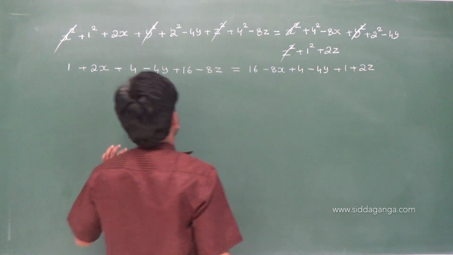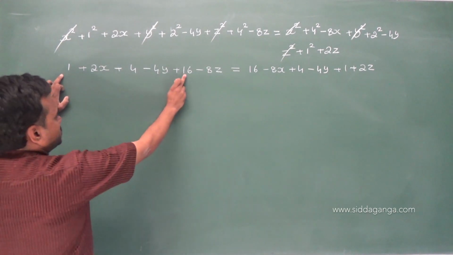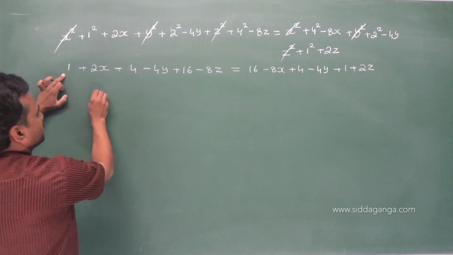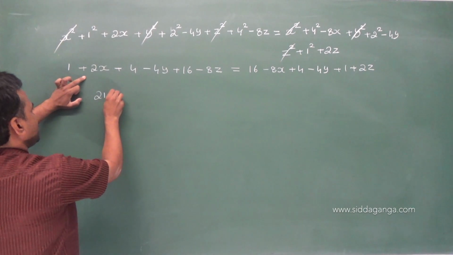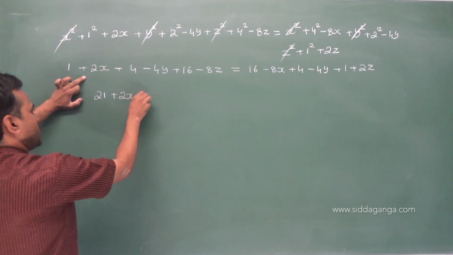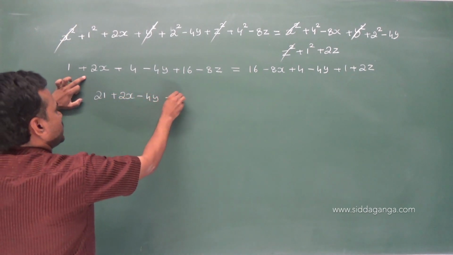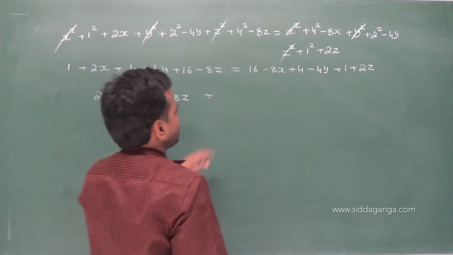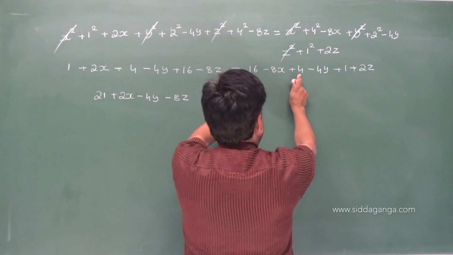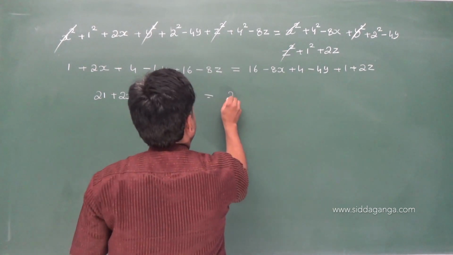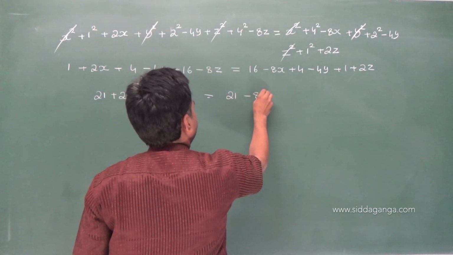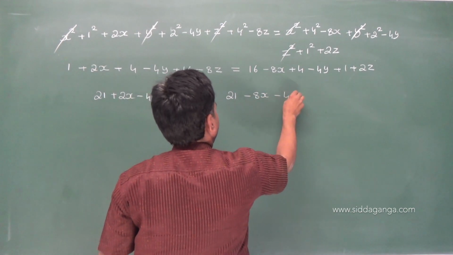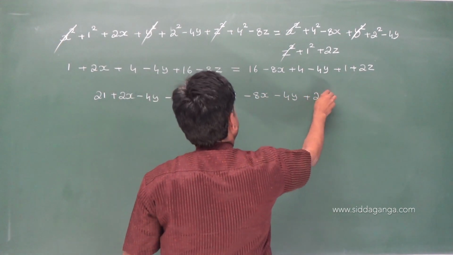Correct? Calculate it. 16 plus 4 is 20, 20 plus 1 is 21, plus 2x minus 4y minus 8z. Correct now? Here also 16 plus 4 is 20, 20 plus 1 is 21, minus 8x minus 4y plus 2z.